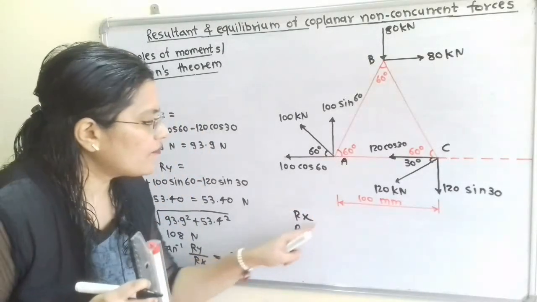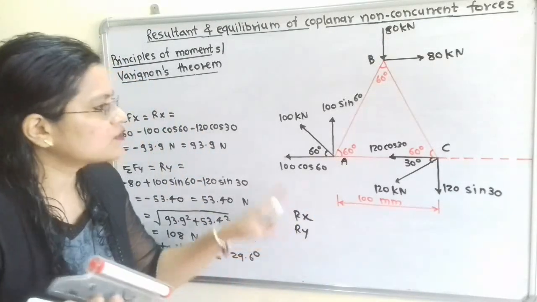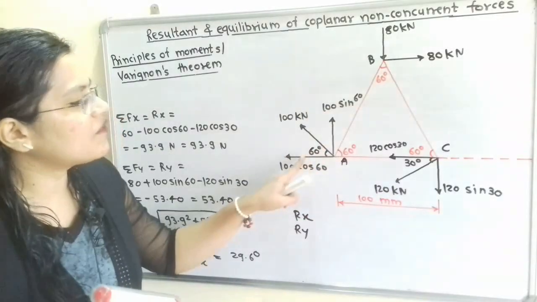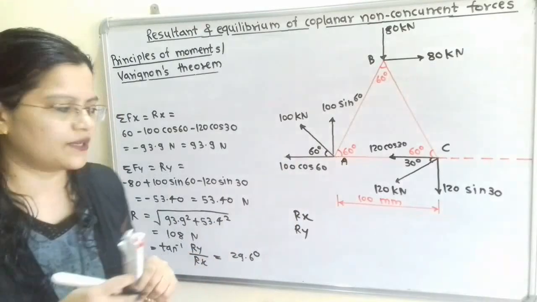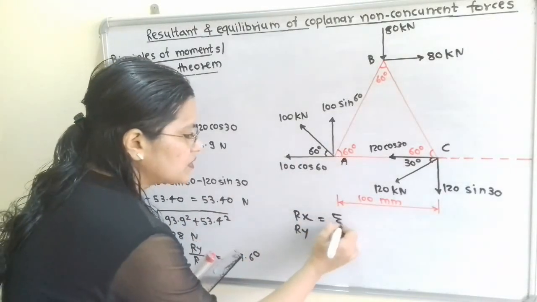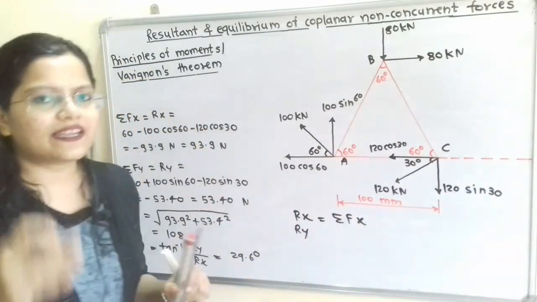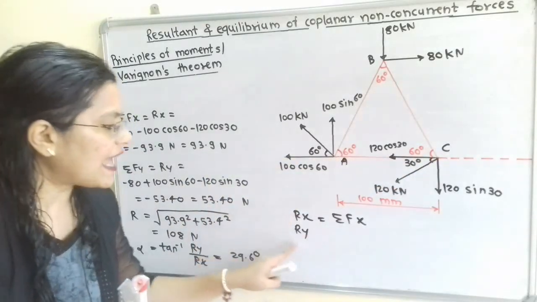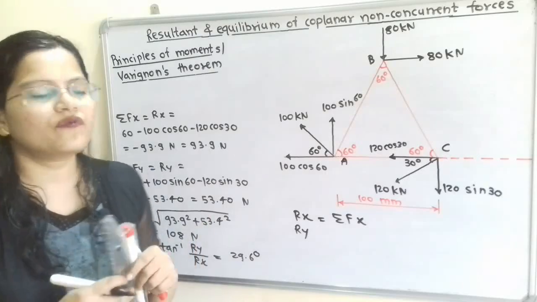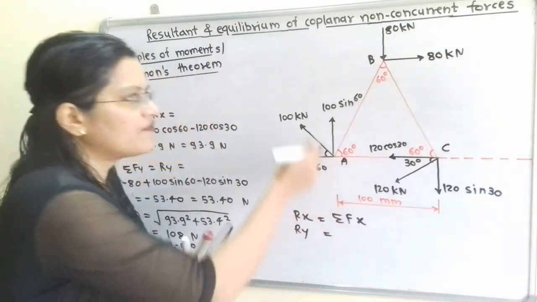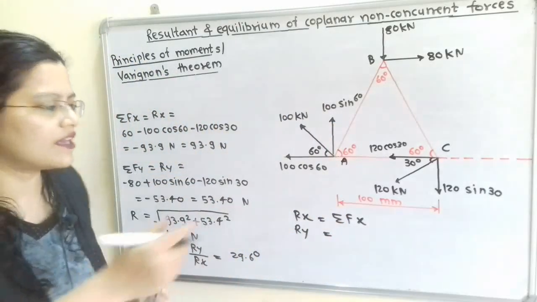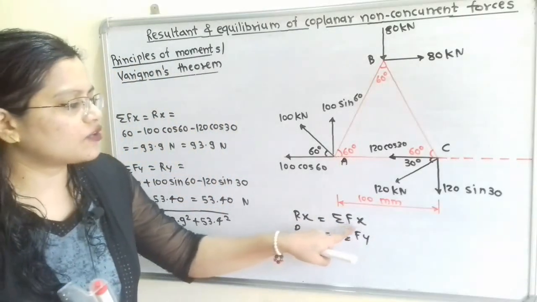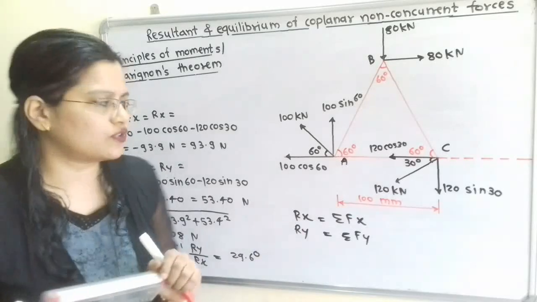To find Rx, we take the summation of all the horizontal forces acting on the system, that is Rx is equal to summation of Fx, the forces along the horizontal line. And to calculate Ry, we find the summation of all the forces along the vertical line, that is summation of Fy. So we will first find summation of Fx and summation of Fy.